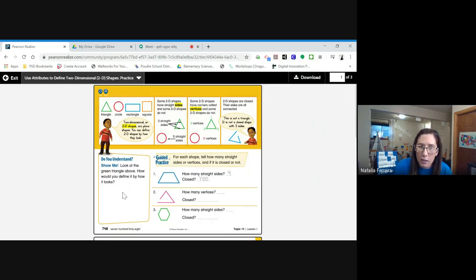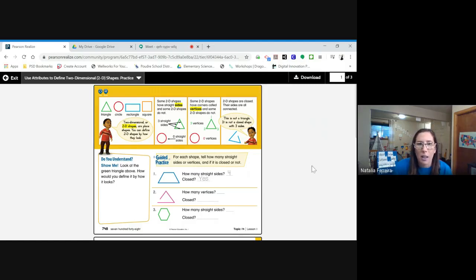How many vertices does it have? I would say there are 3 straight sides, all connected by vertices, and ending where you started.